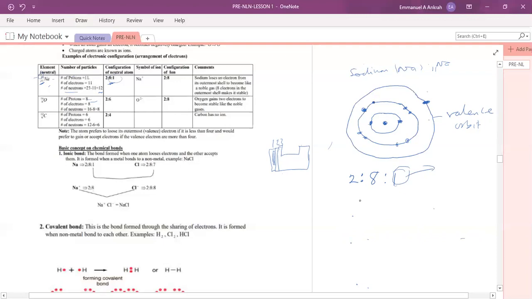So I have sodium, and because it lost one electron, it becomes 1 plus. Usually for one, we don't write the 1, just plus. It loses the electron and becomes what we call a cation.